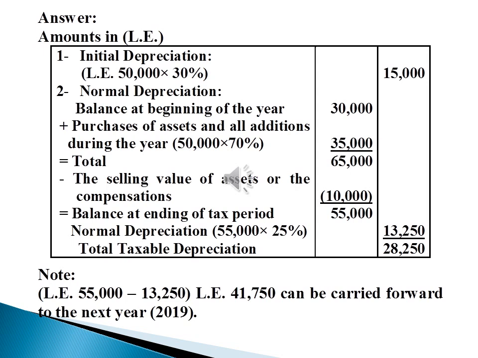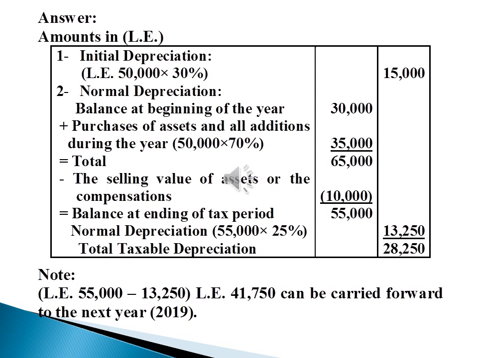Of course, this 55,000 amount exceeds 10,000. Then normal depreciation equals 55,000 times 25%, the depreciation rate of equipment, amounted to 13,250. Added to the initial depreciation, the total taxable depreciation for year 2018 is 28,250.